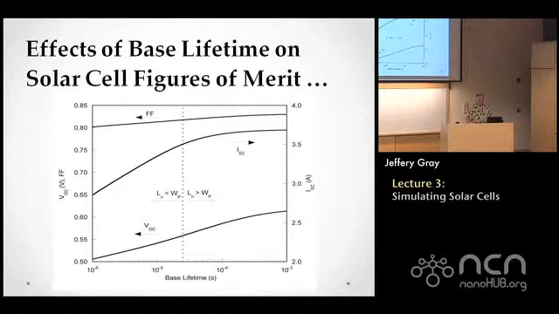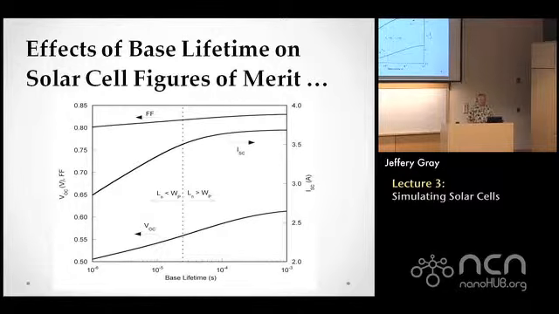And as you might expect, a long diffusion length corresponds to a long lifetime, and so you have relatively little recombination going on. Therefore, if you have little recombination, the open circuit voltage should be higher. You should get higher short circuit current. And because the open circuit voltage is going up, fill factor also goes up.